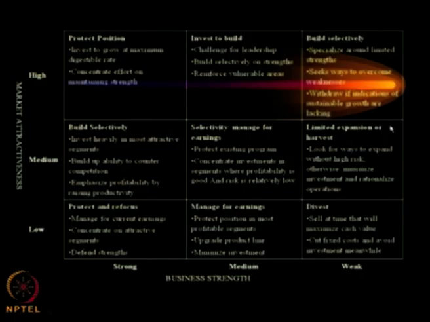So, you find out what is your strength, that is what is the unit strength. You specialize around that limited strength. In other words, this strategy is what is called building a propitious niche.